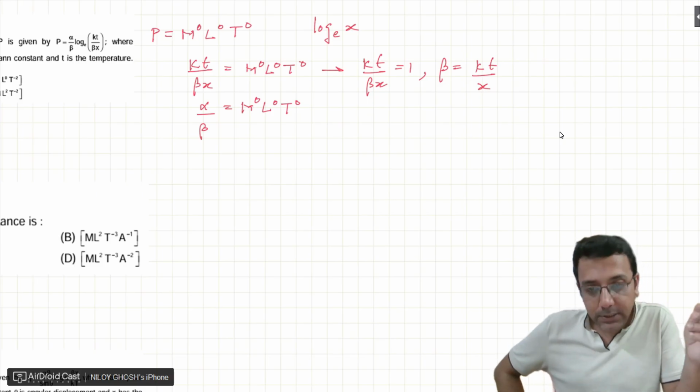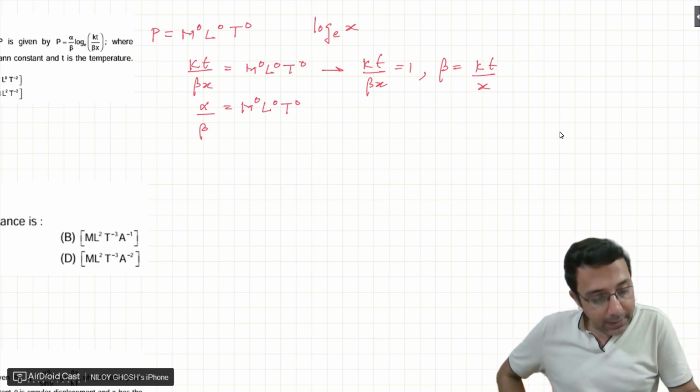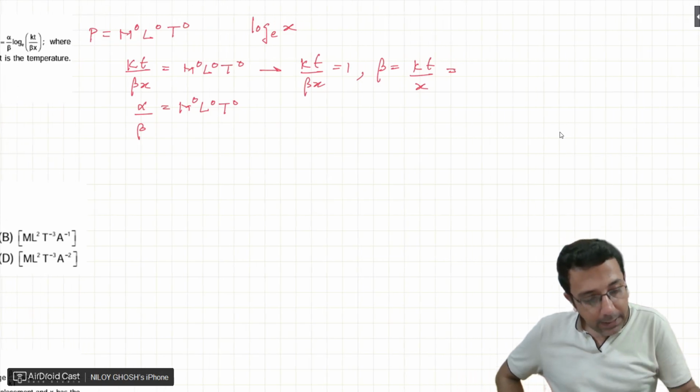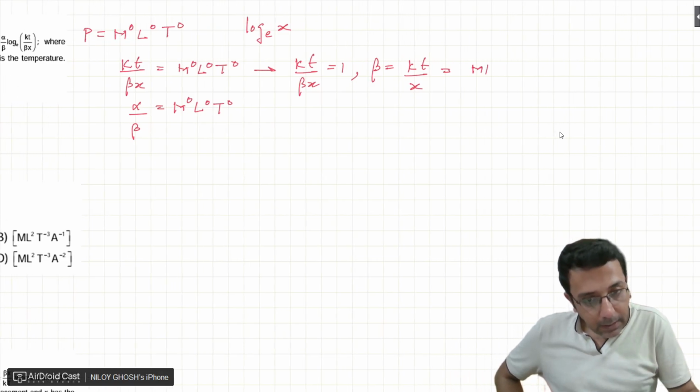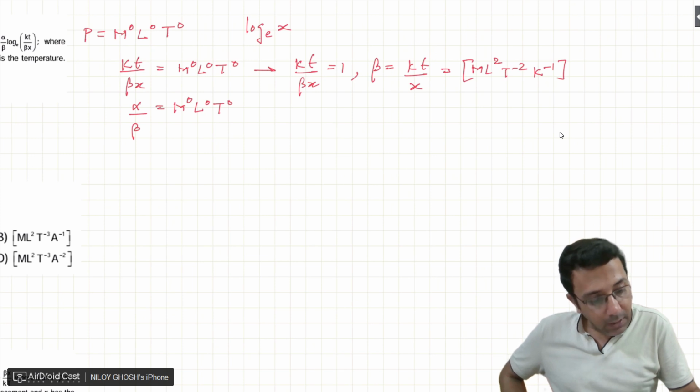So for k, and beta, it is M L squared T minus 2 K minus 1. Here capital K is for Kelvin, that is for temperature, and there is a T term here.